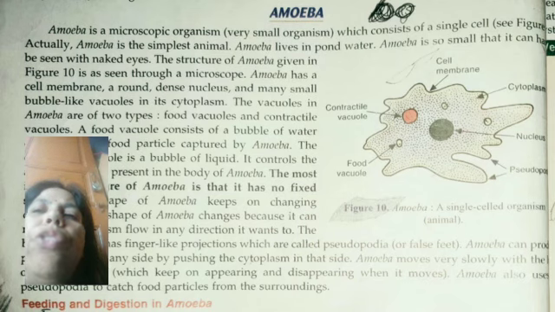The digested food present in the food vacuole is absorbed directly into the cytoplasm by the process of diffusion, after which the food vacuole disappears. The absorbed food is used for the production of energy, maintenance and growth of the amoeba.